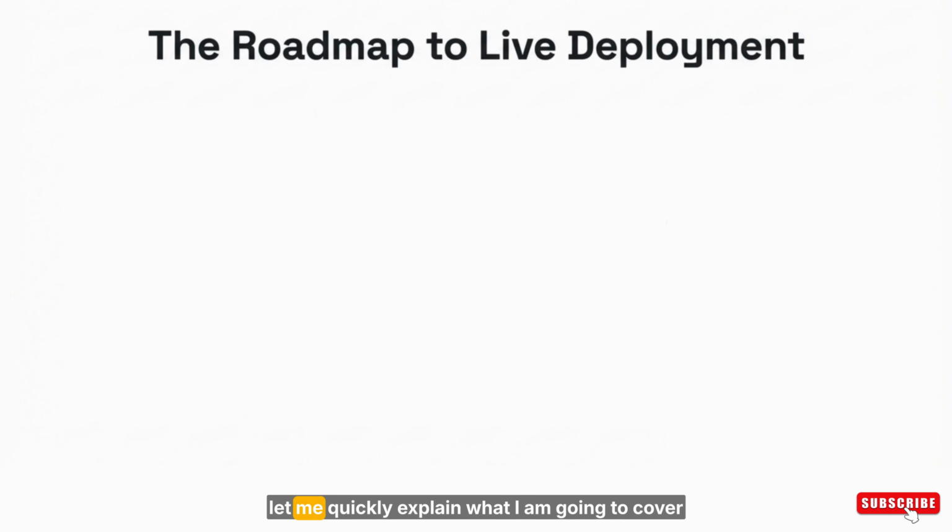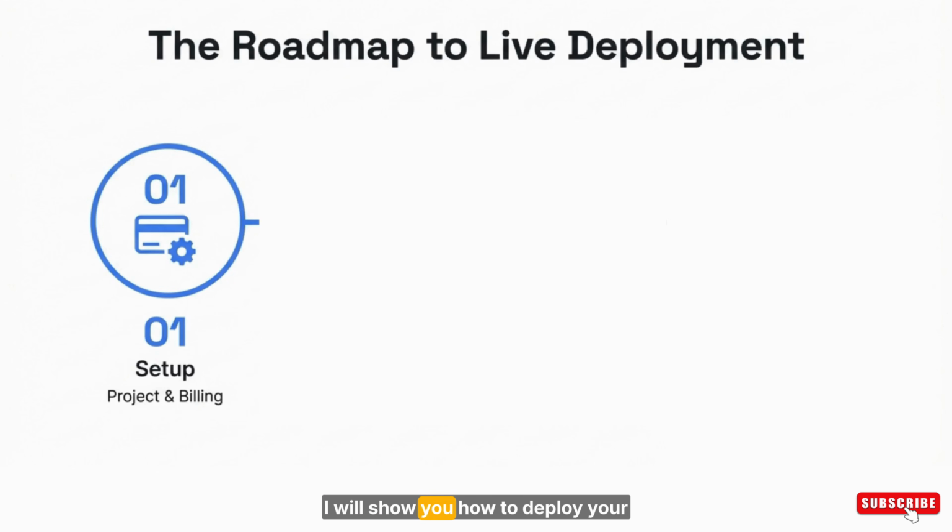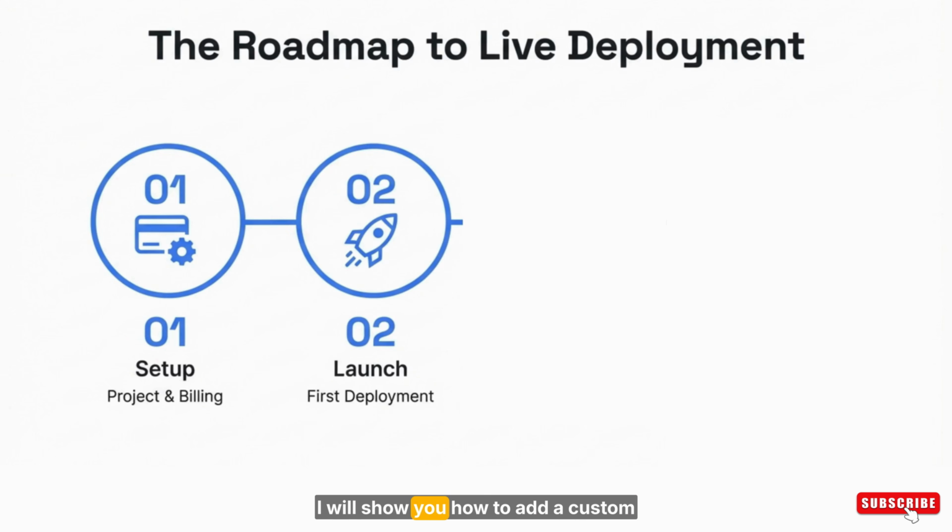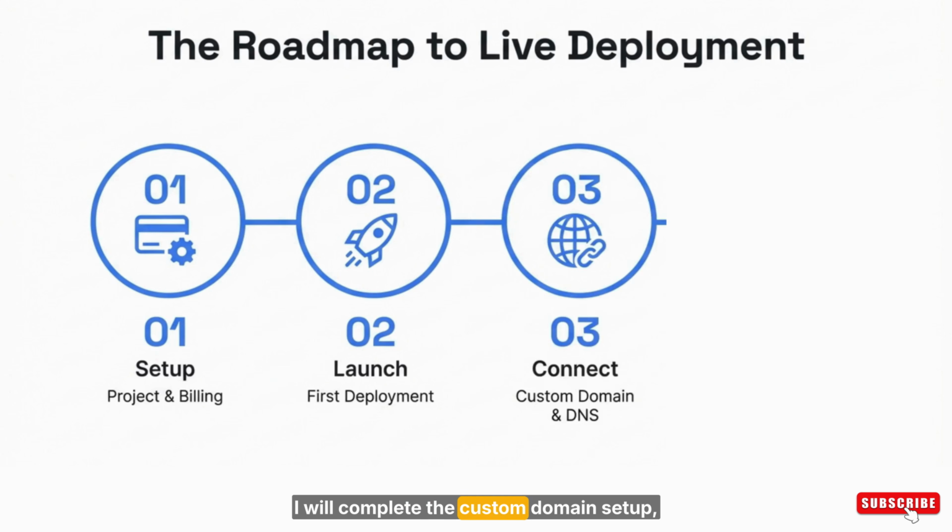Before we start, let me quickly explain what I am going to cover in this video. In the first step, I will show you how to deploy your website or app on Google Cloud Run and set up billing properly, so everything works without errors. In the second step, I will show you how to add a custom domain to your deployed website or app. Also, in the third step, I will complete the custom domain setup, including domain verification and DNS records step by step.